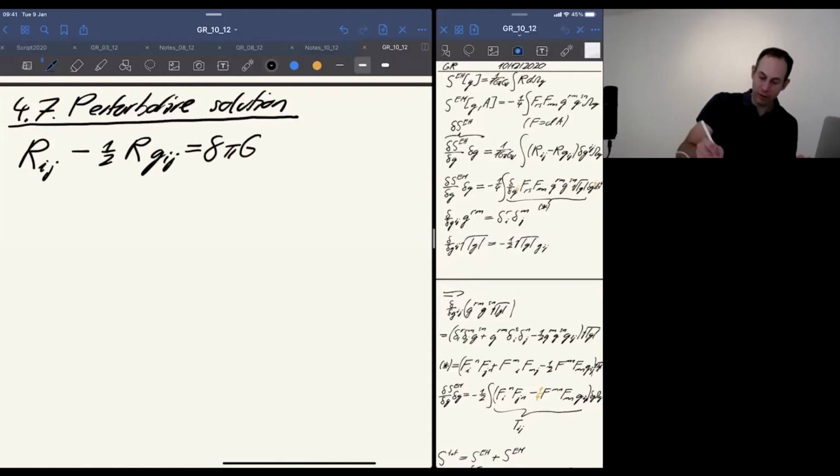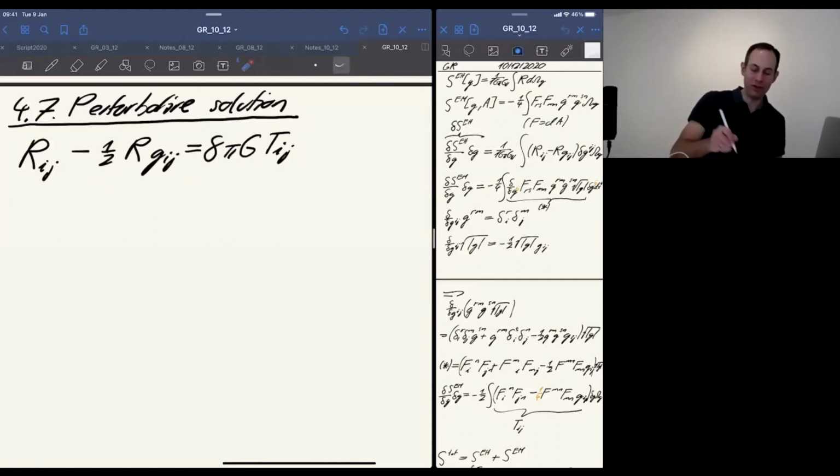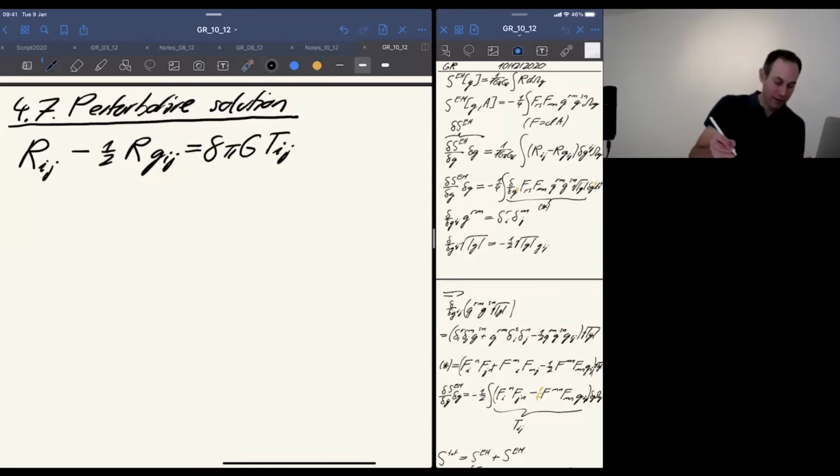Okay, so this is our starting point again, the Einstein field equations, and it's actually useful to move this term, which is on the left, to the right-hand side. So let me briefly do that. To do that, we can contract with g^{ij}. So what do we get? The contraction of the Ricci tensor with g gives, of course, the Ricci scalar.